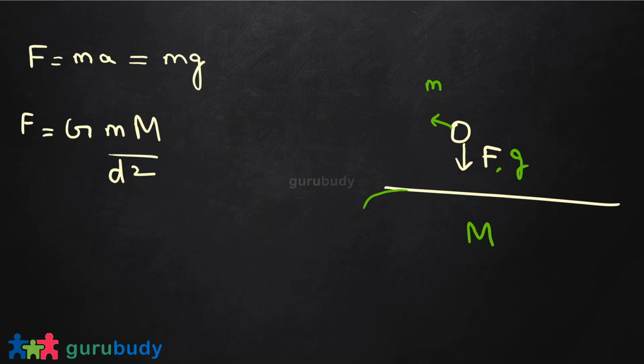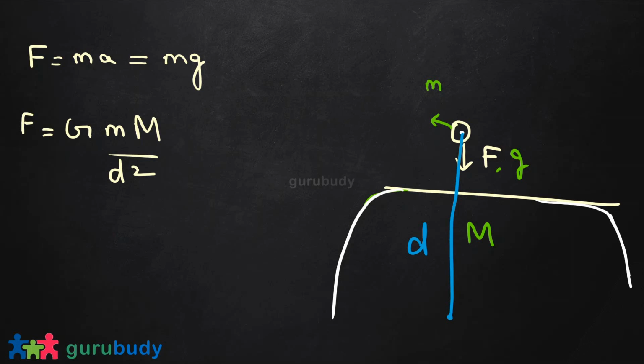I'm going to draw something here just to give an idea. This is the earth, and it's massive compared to the stone. The d is basically the separation between the center of the earth and the center of the stone. So now both these forces would be equal.